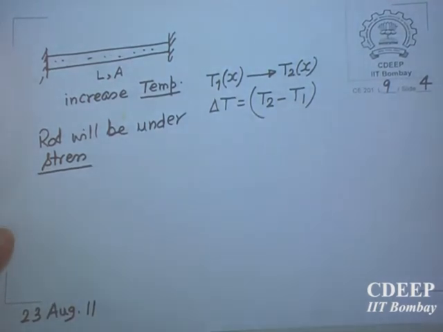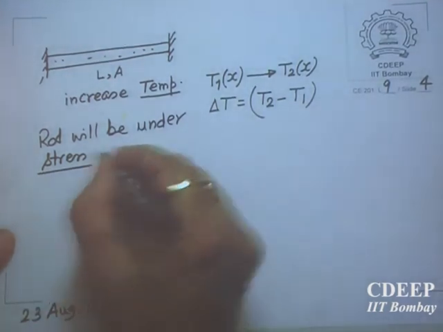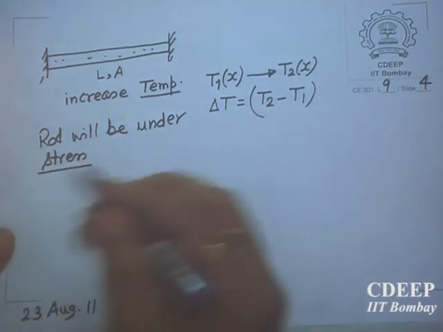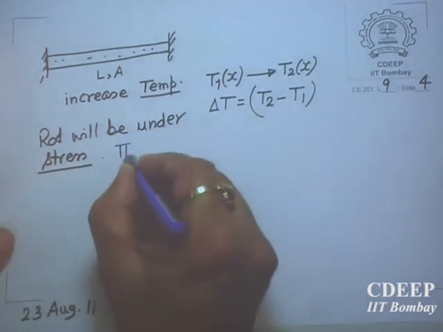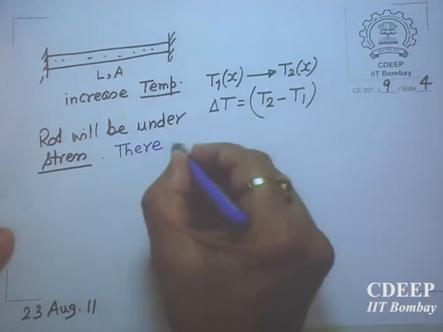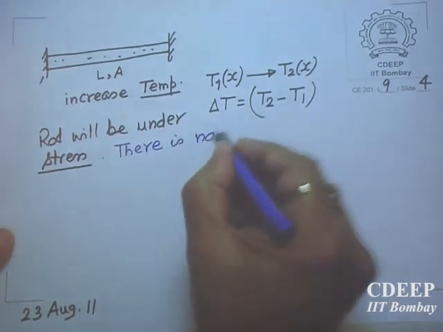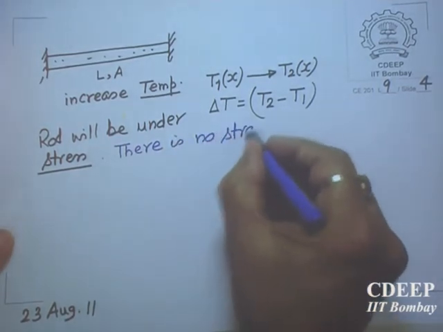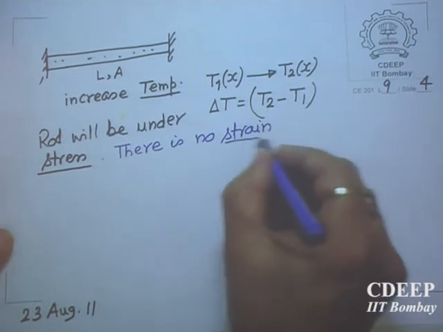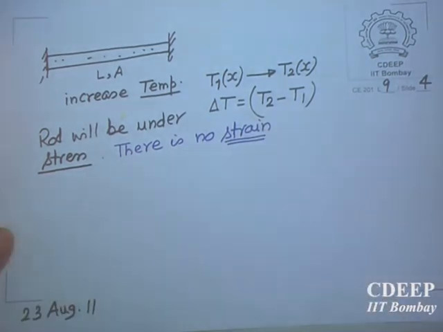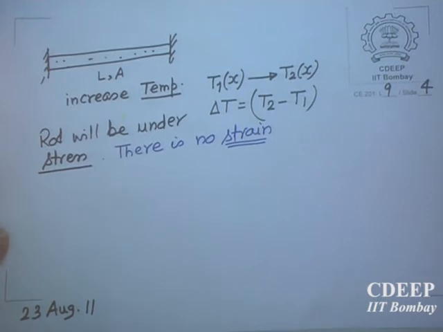You have created stress, but no strain. There is no strain. This I think I have already spoken to you. So here your Hooke's law will not apply. Stress is not proportional to strain. E is not coming into the picture. I cannot relate the stress to strain.